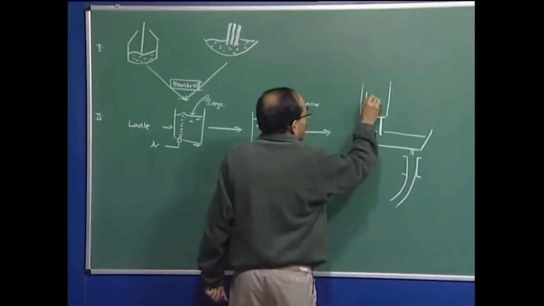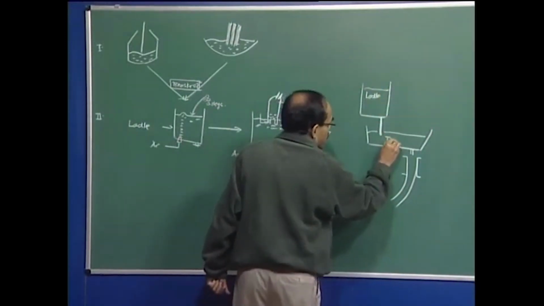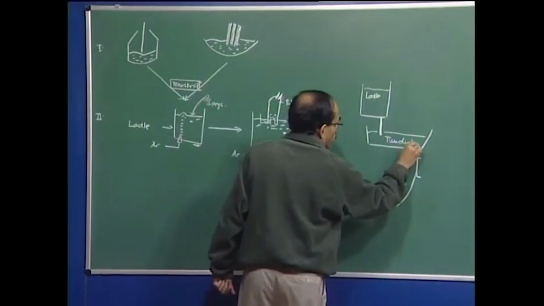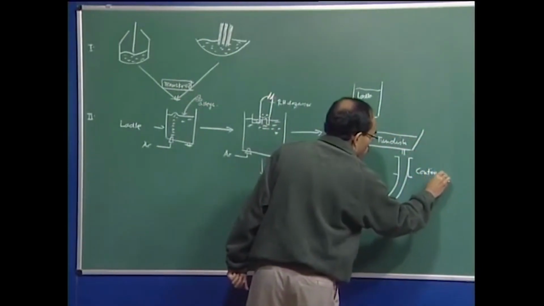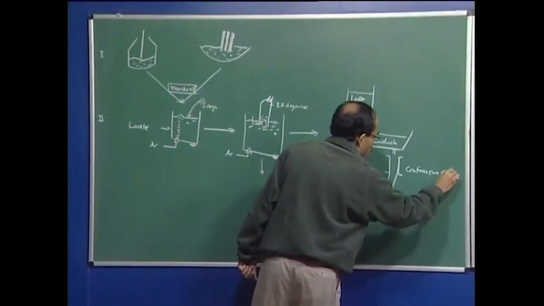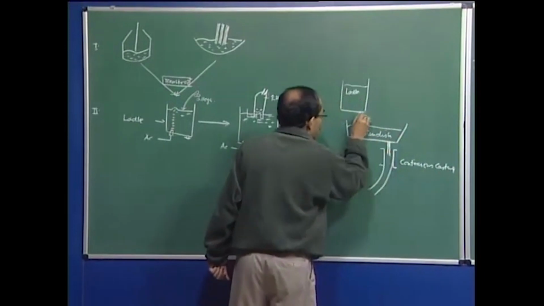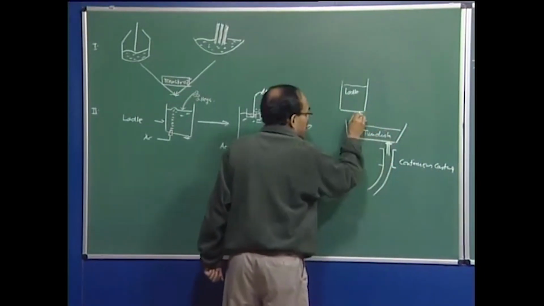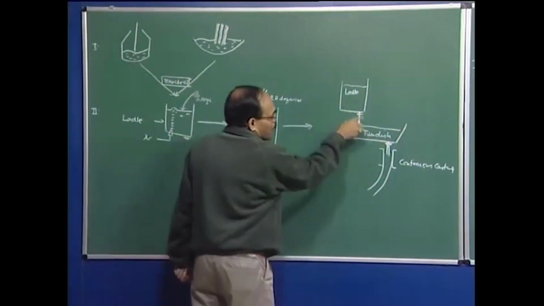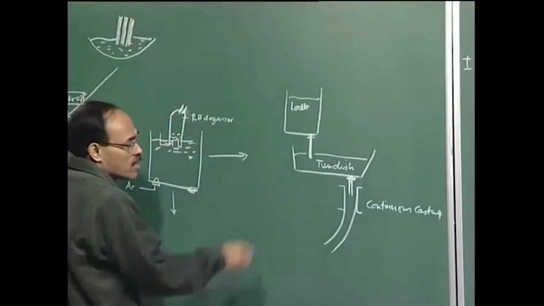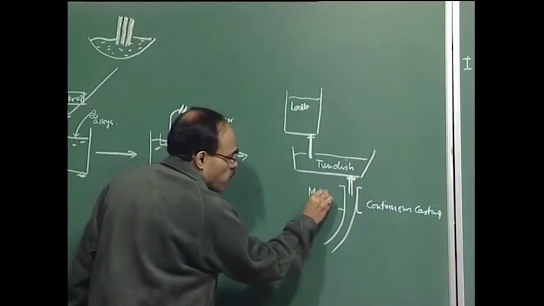So this is the ladle, this is the tundish, and this is continuous casting. These are slide gates which control the flow. So from the ladle the material gets transferred into the tundish, and from the tundish it gets transferred into continuous casting.